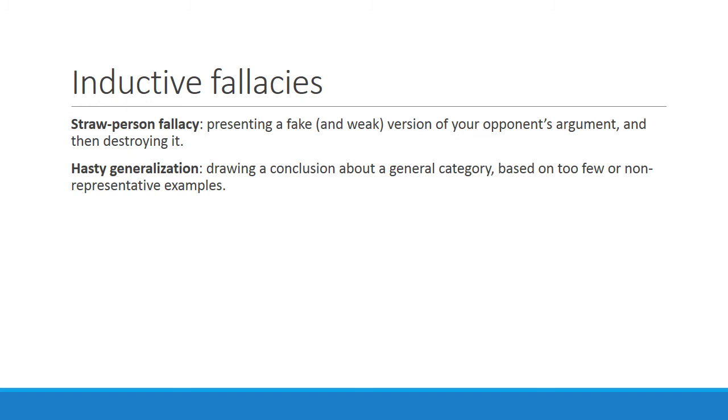Another fallacy that can be made is a hasty generalization. This happens when someone makes a claim about an entire category of people or events or things based on only a few examples, or maybe examples that are not very representative. So you might have an exchange student come to the United States and you meet this person and you go, wow, you are so smart.